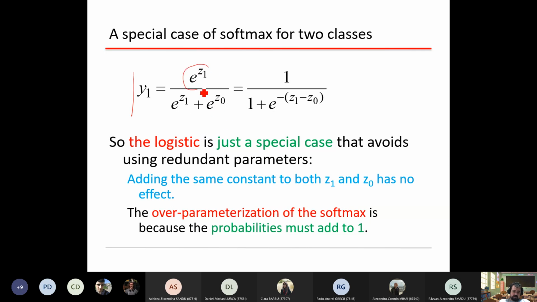If we divide both the upper and lower terms by this, we will get to this formulation where this translates to a single term. So we get to the sigmoid. And we see that the logistic is just a special case that avoids using redundant parameters, because adding the same constant to both z1 and z0 has no effect, and the overparameterization of the softmax is used because the probabilities must sum up to 1.